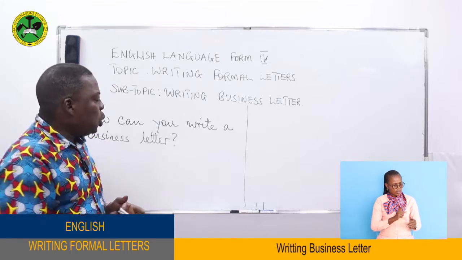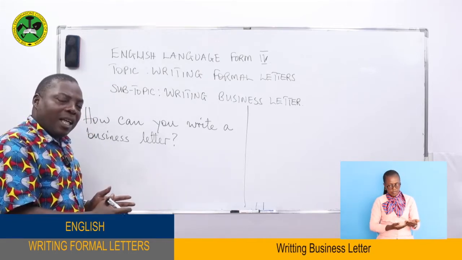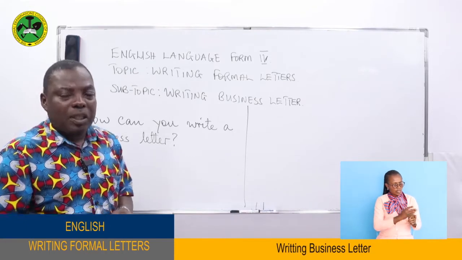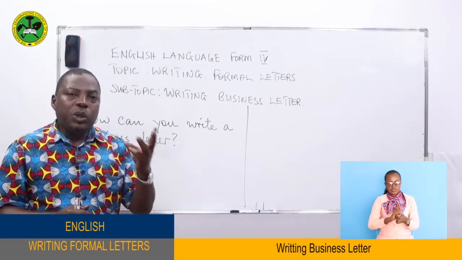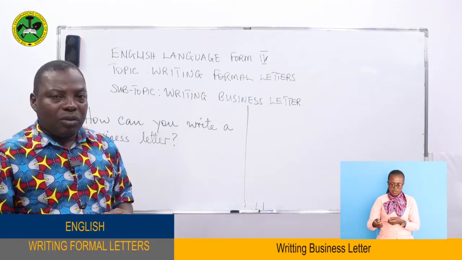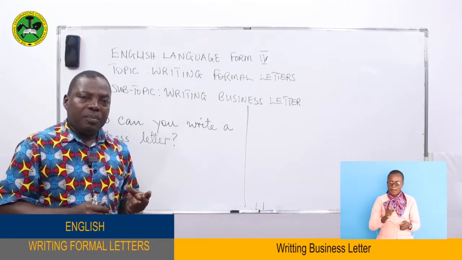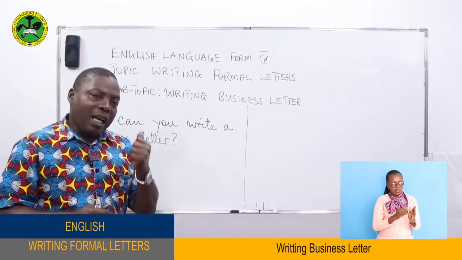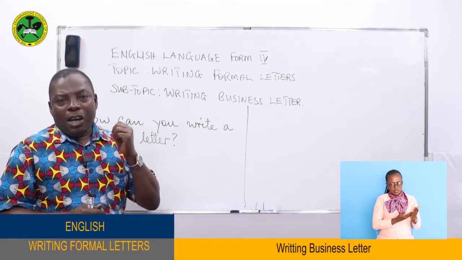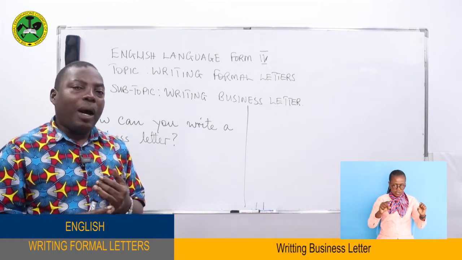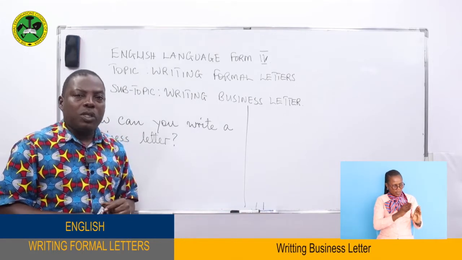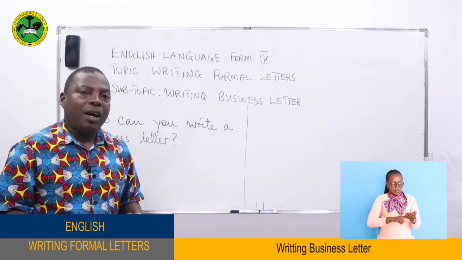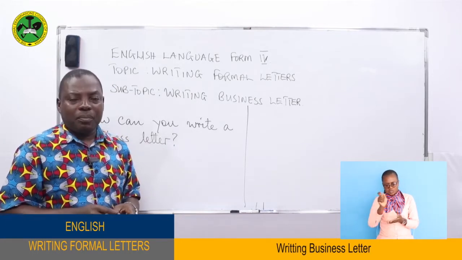I'll take you through the aspects that we need to consider. These aspects are: you need to have a sender's address, a date, a receiver's address, followed by a salutation, heading, the content part, complimentary clause, signature, and the name of the writer who is going to write the letter.